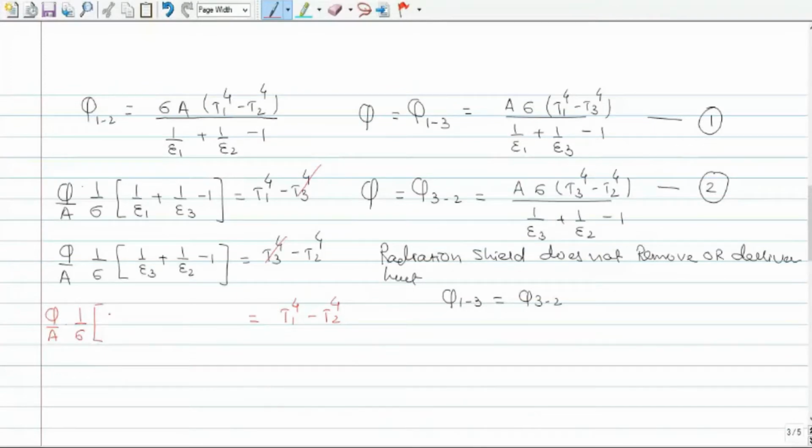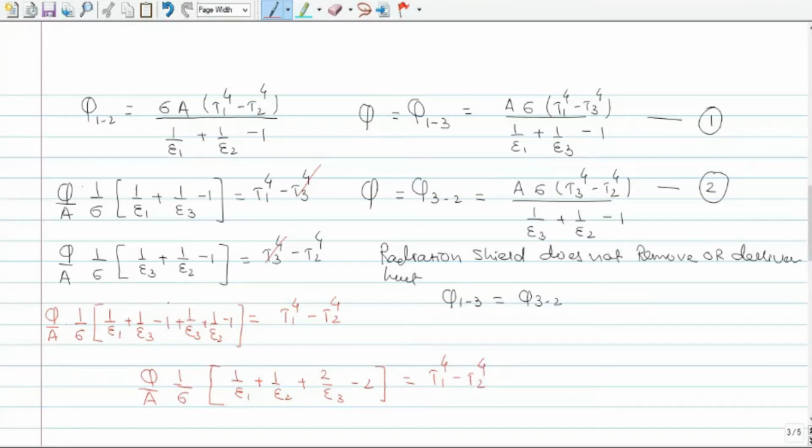In the bracket what I get is 1 upon E1 plus 1 upon E3 minus 1 plus 1 upon E3 plus 1 upon E2 minus 1. So the final expression I get is Q divided by A into 1 upon sigma in the bracket 1 upon E1 plus 1 upon E2 plus 2 by E3 minus 2 equals T1 to the power 4 minus T2 to the power 4.